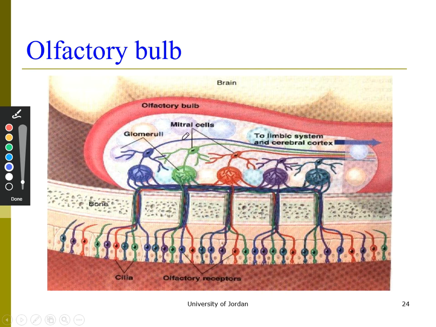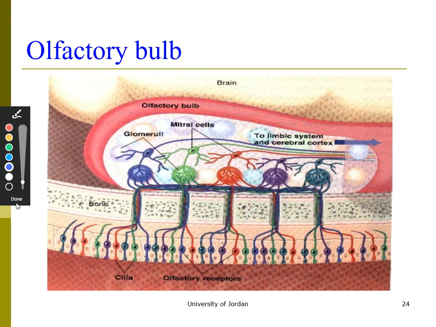So the dendrites of the mitral cells synapse with the axons of the olfactory receptors, forming glomeruli. Then after the mitral cells synapse with the bipolar cells, or the receptors, they form what we call the olfactory tract that goes to the cerebral cortex. This here, just inside the brain, above the cribriform plate, forms what we call the olfactory bulb.